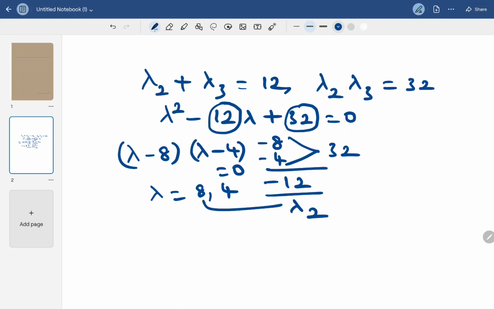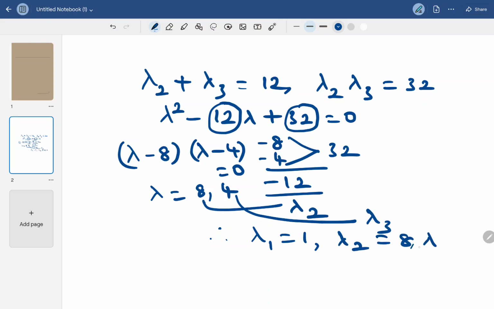This 8 is lambda 2, and this 4 is the remaining lambda value, lambda 3. Therefore, the eigenvalues are lambda 1 is 1, lambda 2 is 8, lambda 3 is 4.